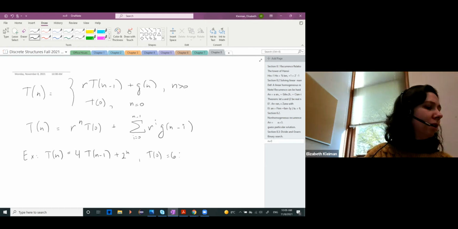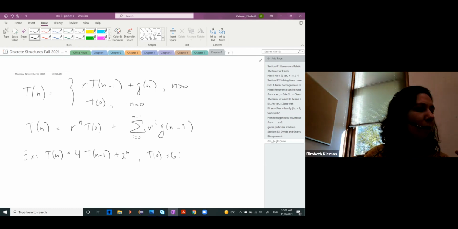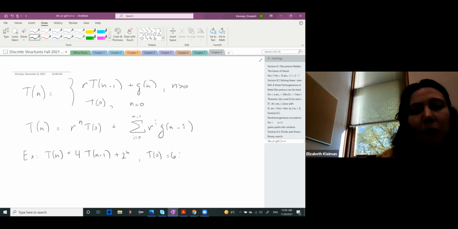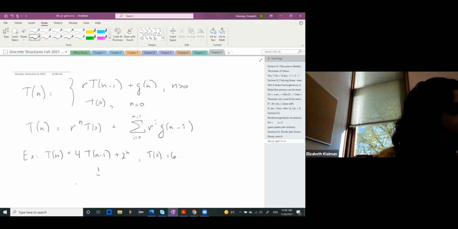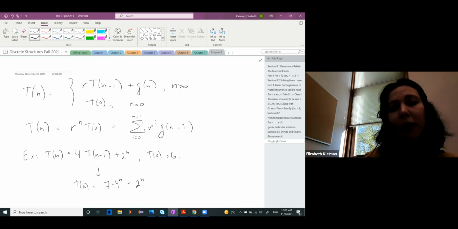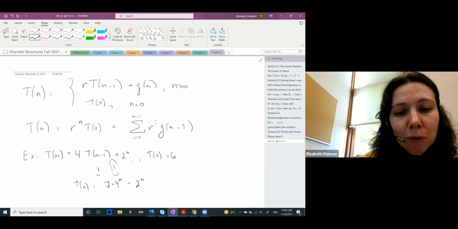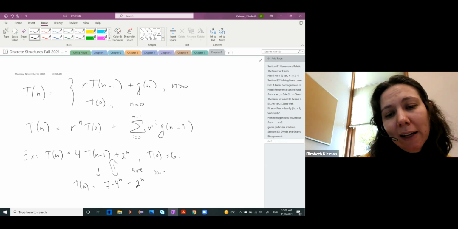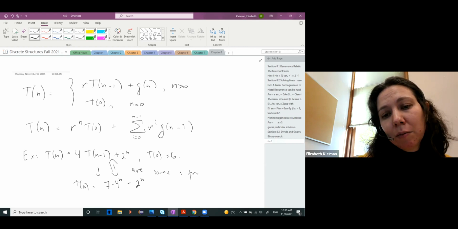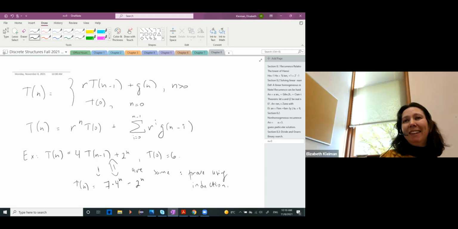Now, what you can do is you can solve it, and if you solve it, the solution is going to be 7 multiplied by 4 to the n minus 2n, and then you can literally prove that those two are the same. Proof using induction. I'm not going to waste your time in class on it.